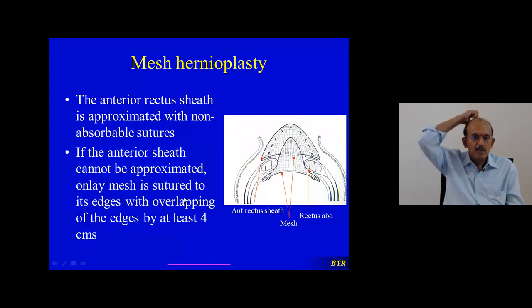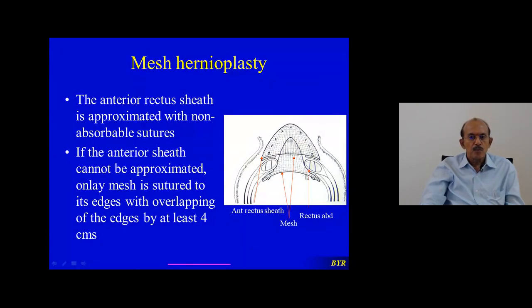If the anterior sheath cannot be approximated, an onlay mesh is stitched to the edges with overlapping of the edges by at least 4 centimeters. So a mesh is placed before the peritoneum. That means you suture the peritoneum and posterior rectus sheath, then place a mesh, then suture the anterior rectus sheath.